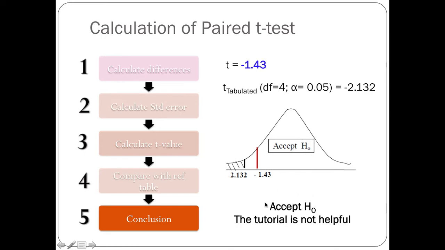When you accept the null hypothesis, it means that there's no difference before and after the tutorial, and therefore, the tutorial is not helpful at all. That will be the conclusion, because you can't reject the null hypothesis. So your conclusion is there is no significant difference in the mean score before the tutorial compared to the mean score after the tutorial.